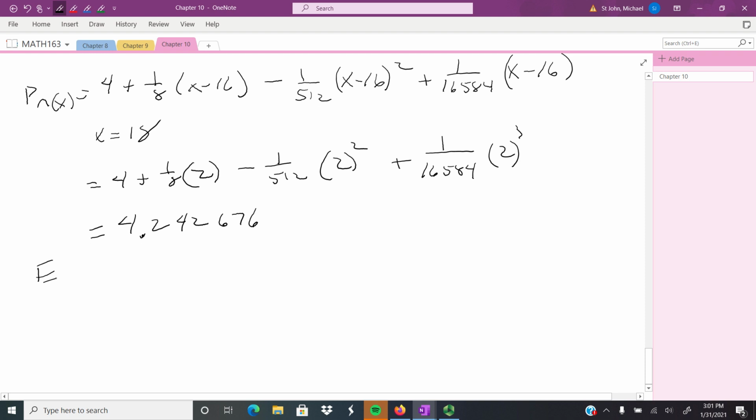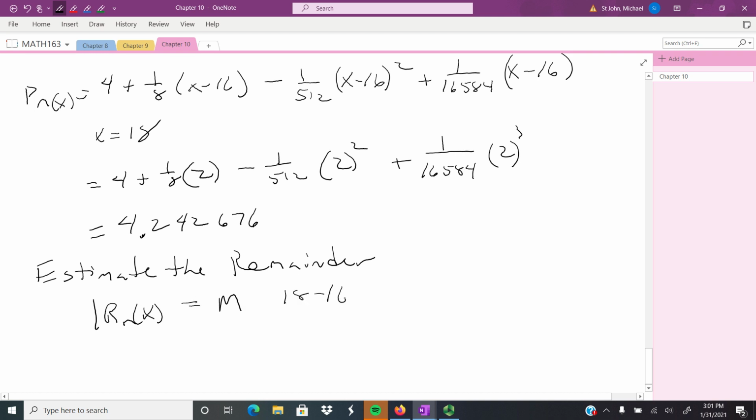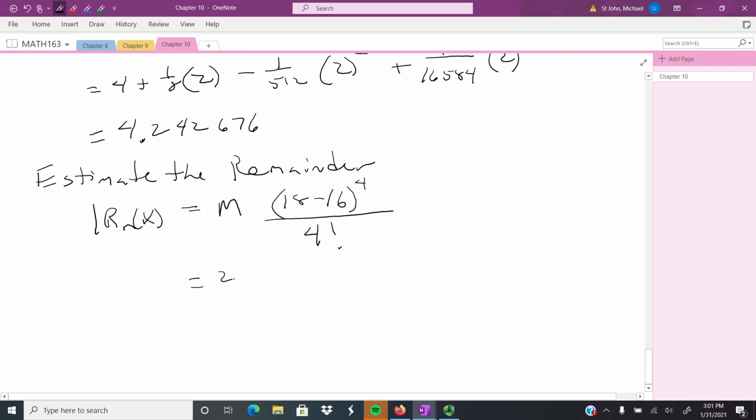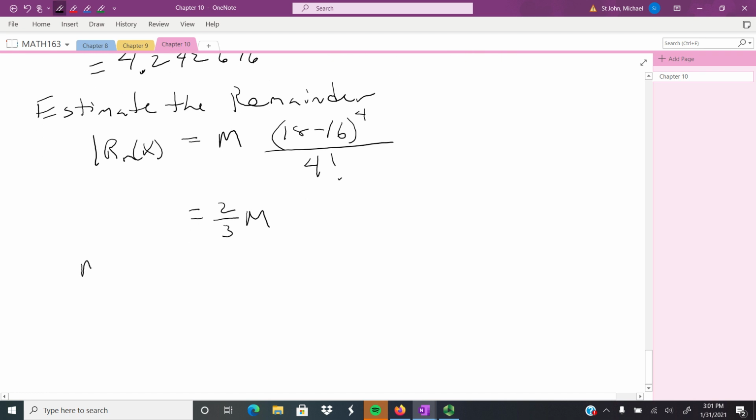And then if we want to estimate the remainder, we have that R_n(x) is going to be M (18 − 16)⁴ over 4 factorial, which will be 2/3 M. And so M is greater than or equal to f⁽⁴⁾(c) for all c between 16 and 18.